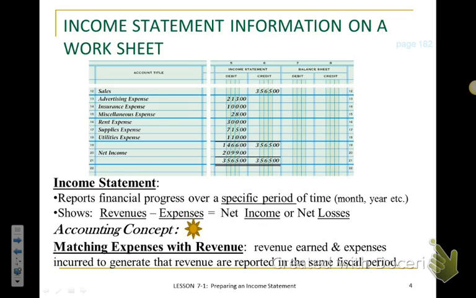And so how do you match up those expenses with the revenues that are being generated, because they may not show those revenues until a later point in time, but you have to account for it. Okay, so first thing when we start our income statement, we're going to start with a heading, and our heading has 4 sections.